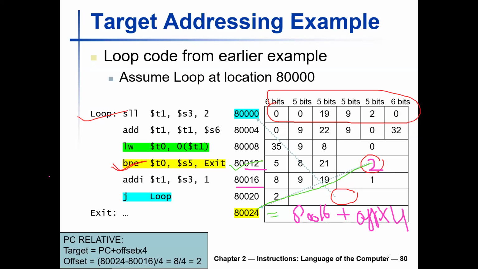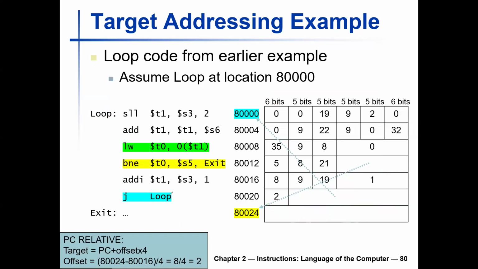Now I need to calculate the address here, for the jump loop. For jump, which type is it? R type, J type, or I type? J. J type. So I am talking about this.